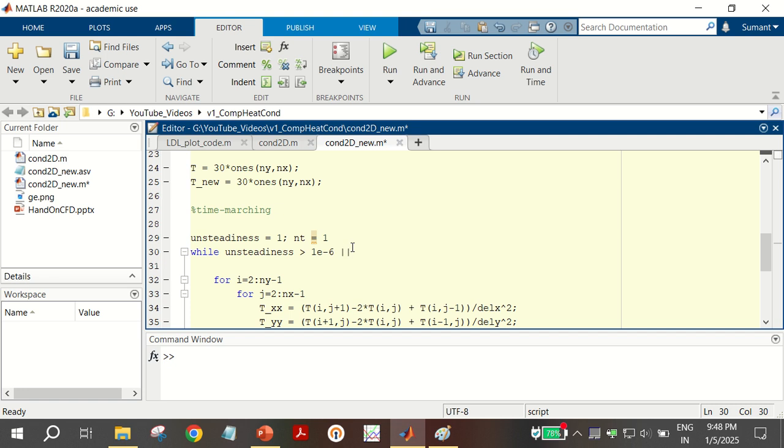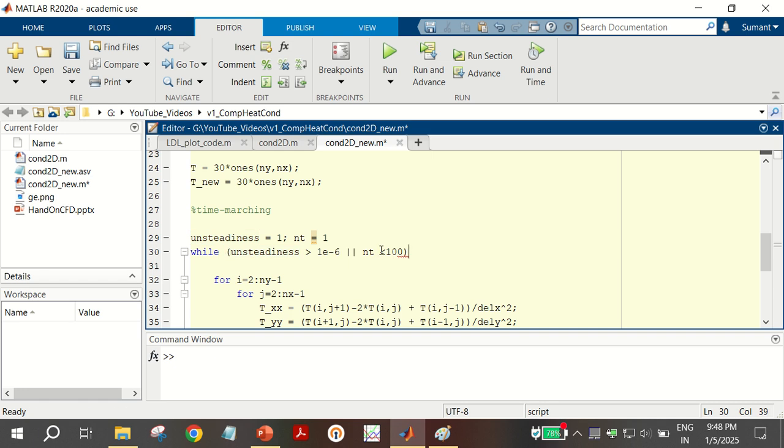The number of time steps should also be greater than 100. Even if the unsteadiness goes below 10 raised to minus 6, if the number of time steps is less than 100, it has to keep solving. That is the condition we give.